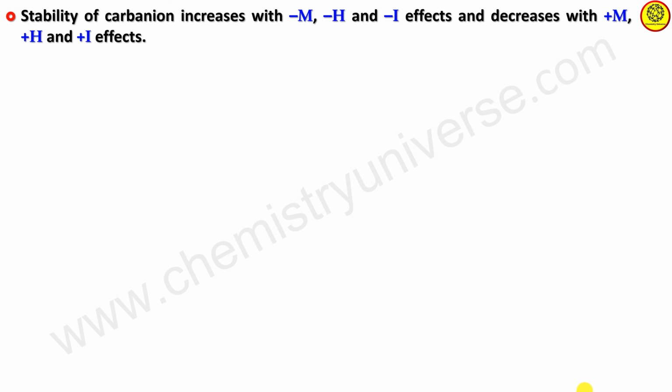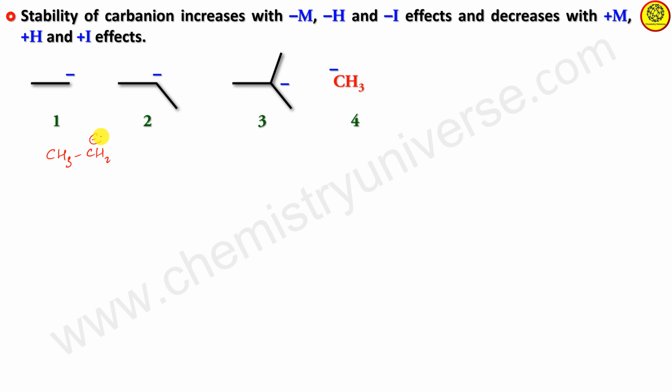So let's take a few examples. Ion 1, ion 2, third, and this is the fourth. Now if you notice here, this basically is CH3CH2 negative, whereas this guy is CH negative with CH3, CH3.